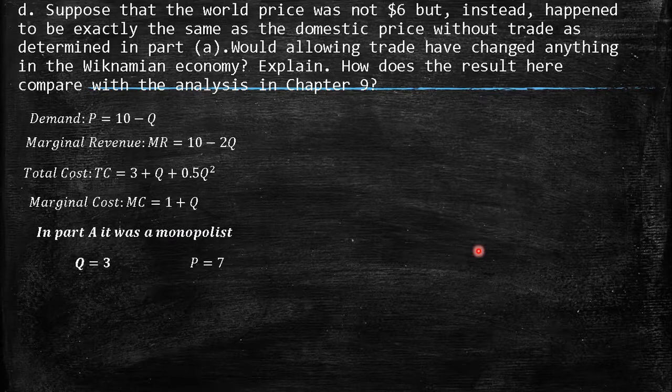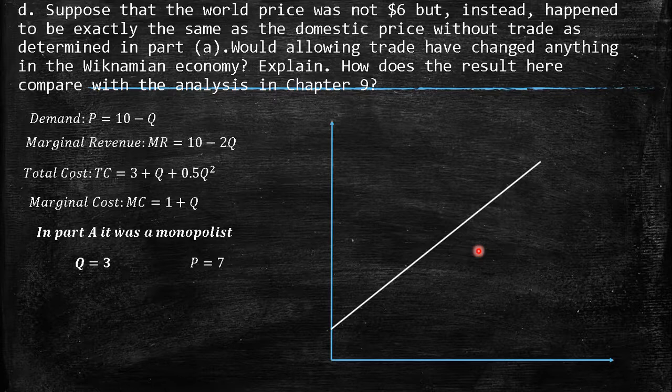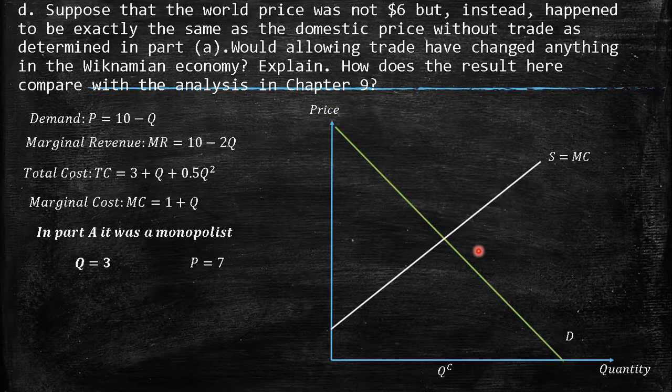So here we have Q equal to 3 and P equal to 7. Here we have the supply, which, remember, is the marginal cost, and here we have the demand. So here we have the competitive price and the competitive quantity.